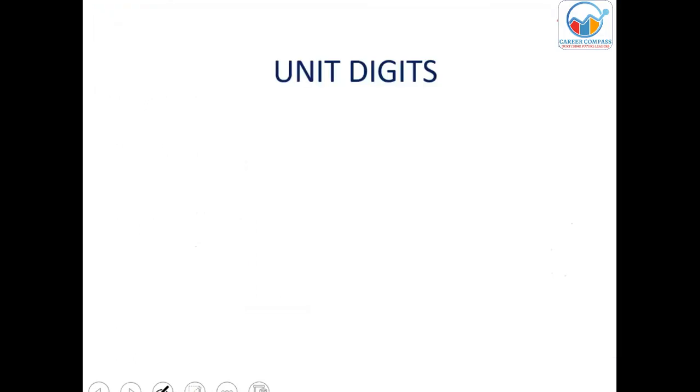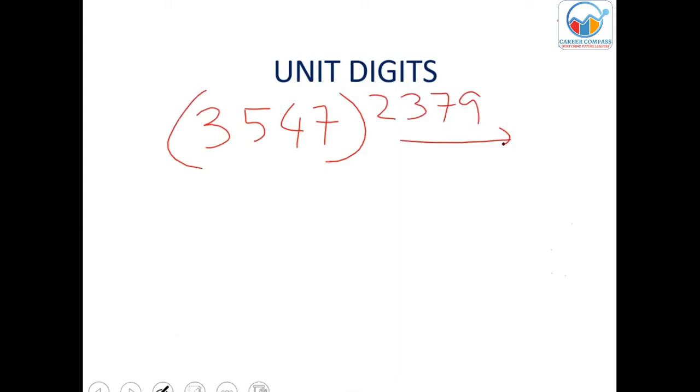Now, about the unit digit. What is so special about it? Definitely they ask questions like 3,547 to the power 2,379, and they can ask you what is the unit digit of this number. Now, when I want to understand the fundamental, please be clear on this part.